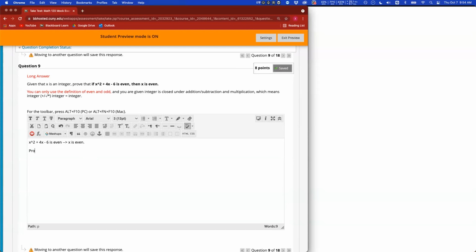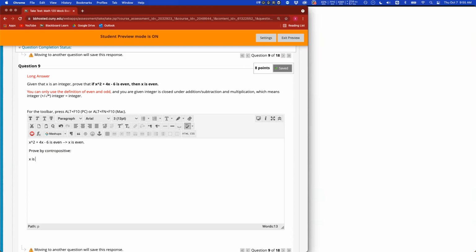So we will prove by contrapositive. Right, so you need to state whichever proof method you are using. Then the equivalent statement is you want to prove x is not even.